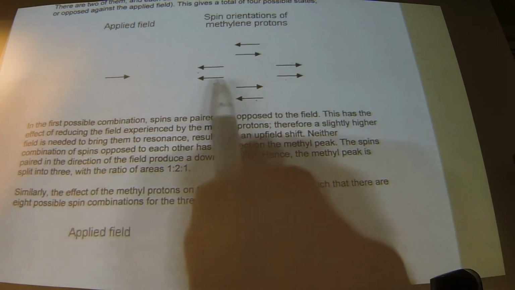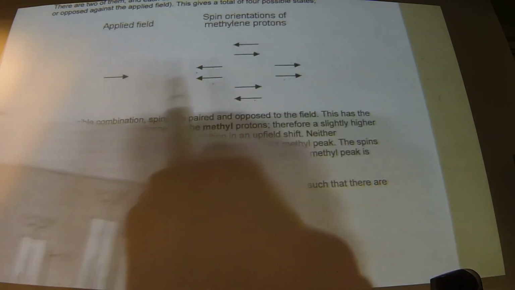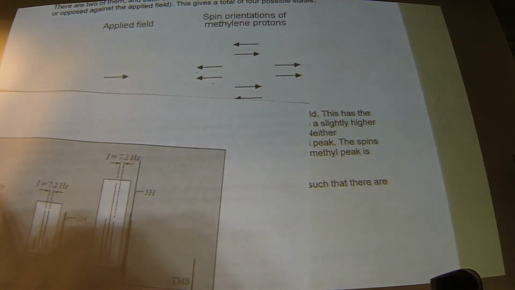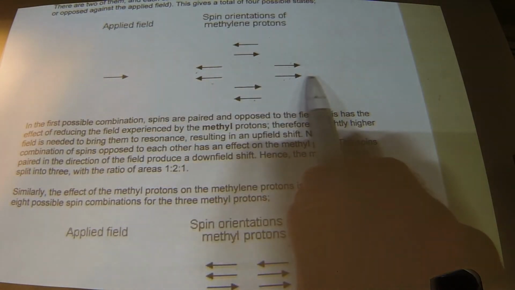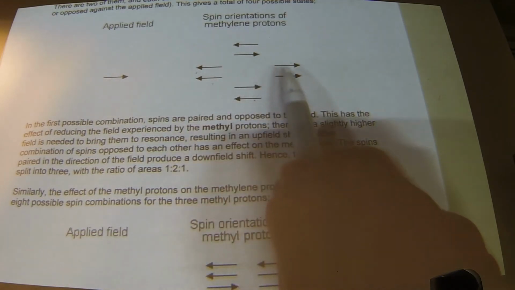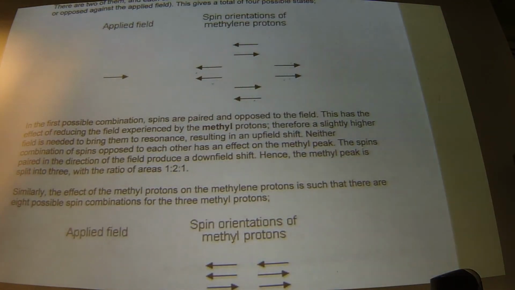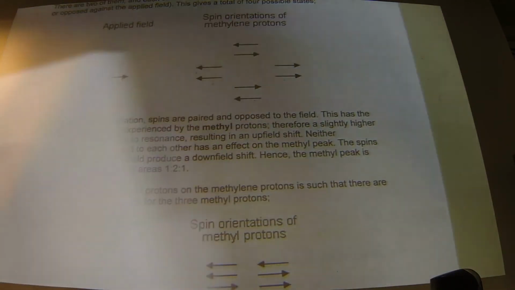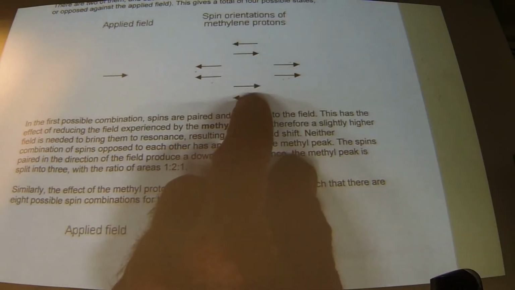When I say both, I'm talking about 2 protons. One of these little arrows is the spin of one of these CH2 protons, the other little arrow is the spin of the other. So those can be either opposing the field or aligned with it. Or one can be opposed and one is aligned. But then it can also be aligned and opposed. So there are 2 ways to have one aligned and one opposed, right? Either the first one is aligned and the second one is opposed, or the first one is opposed and the other one is aligned. So I have 2 choices there.